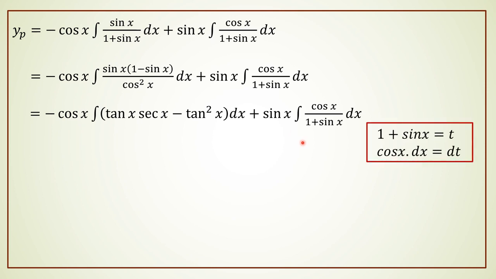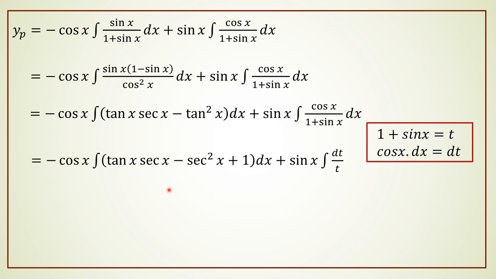Now let me evaluate the second integral over here by the substitution method. I am going to substitute the denominator 1 plus sin x by t, so that cos x into dx will be equal to dt. Hence the above equation reduces to the form minus cos x into integration of tan x secant x.